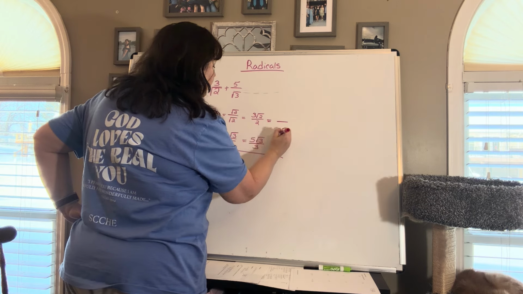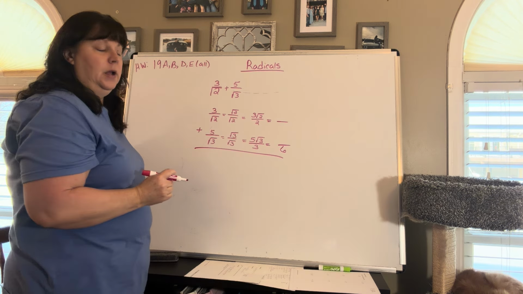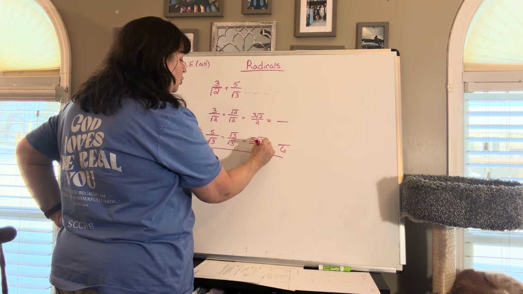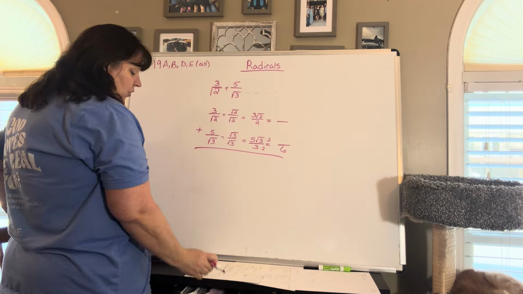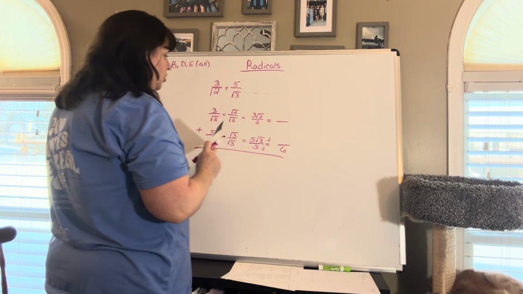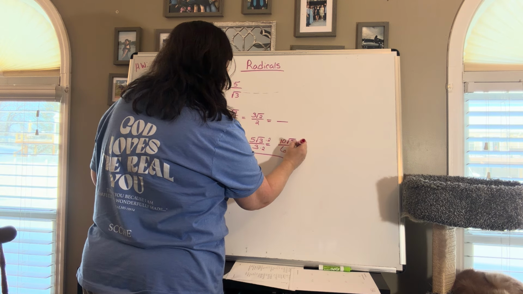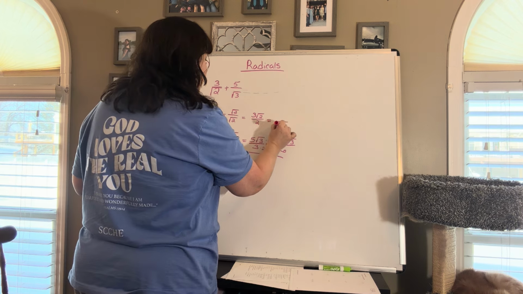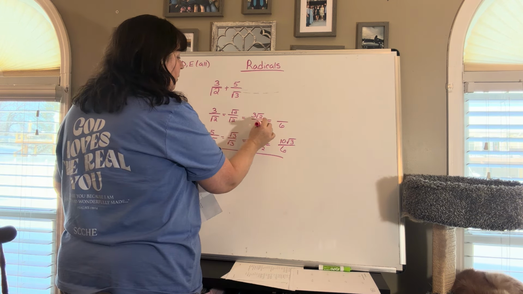My common denominator is going to be 6, okay? 3 times what gives me 6? It's 2, and whatever I do to the bottom, I have to do to the top. So now I have 5 times 2, which is 10 radical 3 over 6. Same thing here. Common denominator is 6. 2 times what number gives me 6?